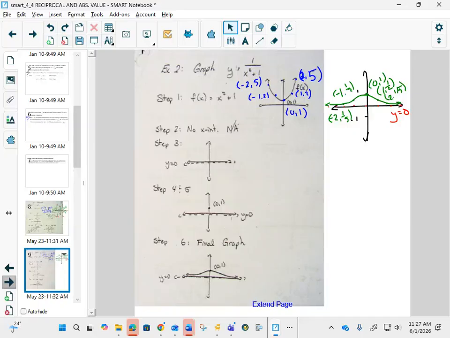So again, I wrote out all the steps separately, but in reality, you would just graph your original and then go right away and do all of your steps on the other one at the same time.